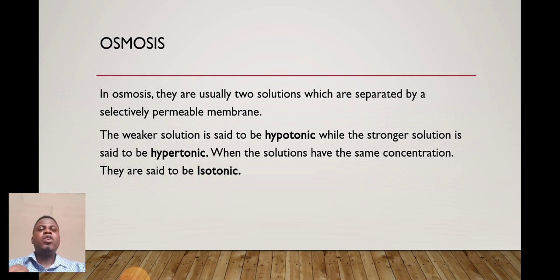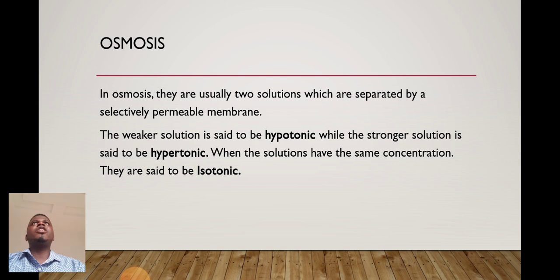When the solutions have the same concentration, they are isotonic. Iso means the same. Because they have the same concentration, there will not be a net movement of water. For example, when a cell is placed in a hypotonic solution, water from the outside environment will move inside the cell.